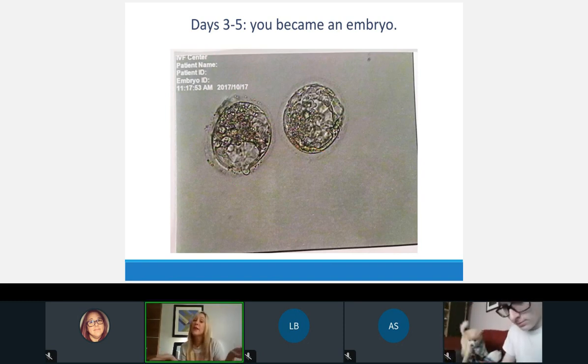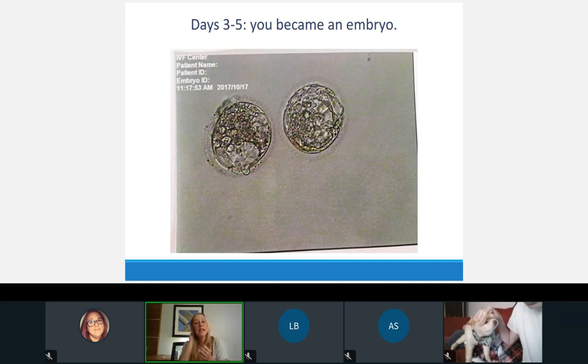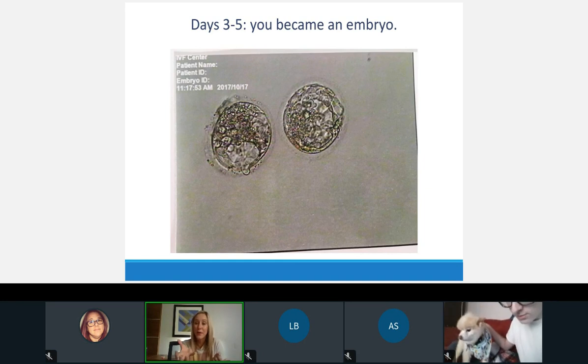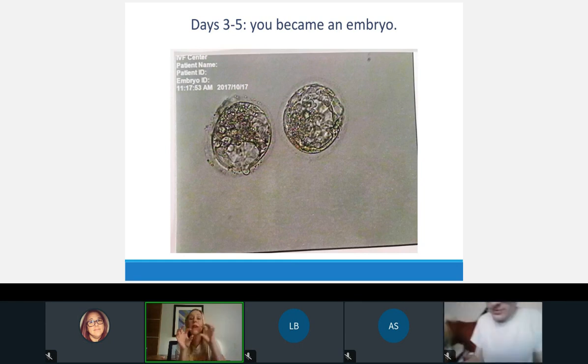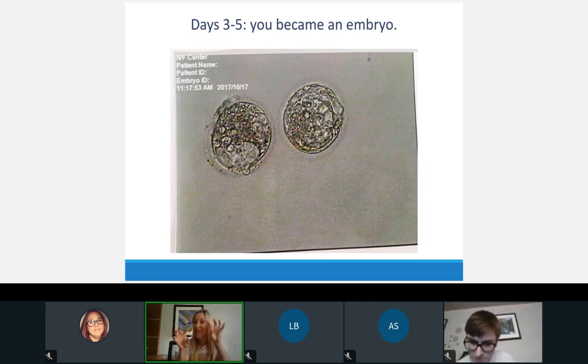No, it's not human cloning, because they're still different cells. They're still haploid cells. Every embryo is different. My egg cell still had the genetic variety from me, and my husband's sperm cell still had genetic variety from him.